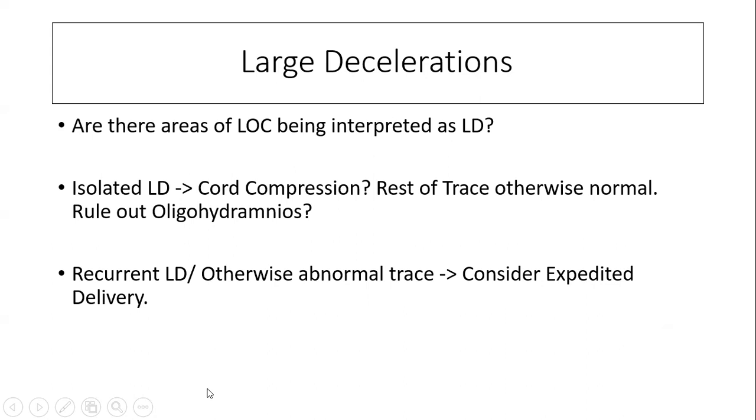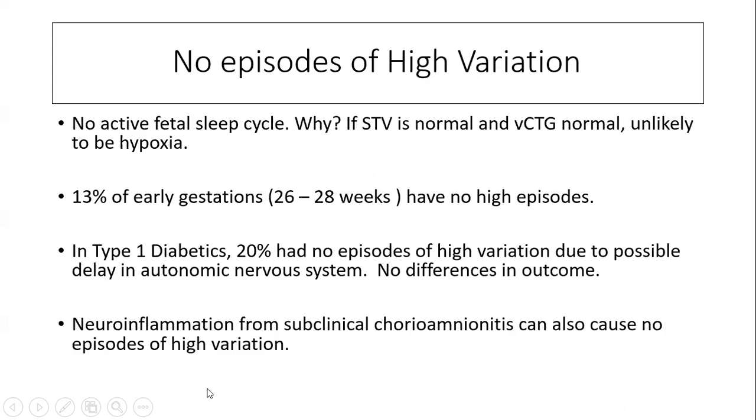Therefore, you can just repeat the trace and make sure you have contact and criteria will be met. If you have an isolated large deceleration, you probably want to rule out oligohydramnios, for instance, as a reason for it. But obviously, if you're having recurrent large decelerations, then you have an abnormal trace in front of you and you want to expedite delivery.